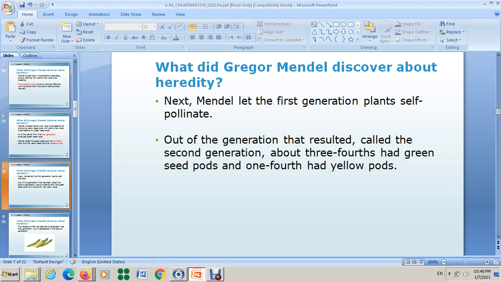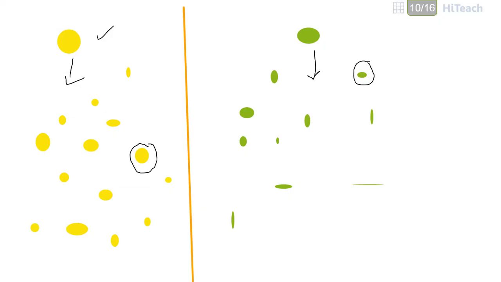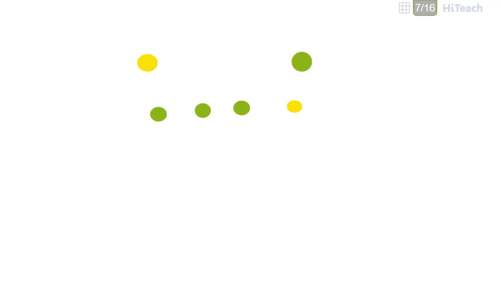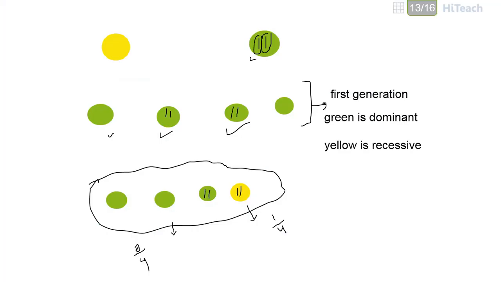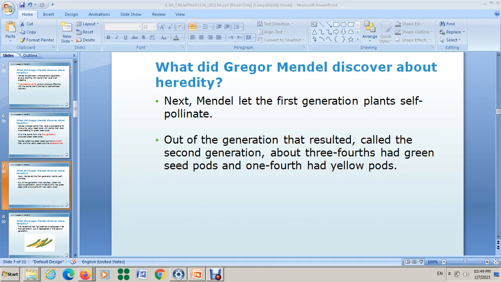Next, Mendel let the first generation plants self-pollinate.